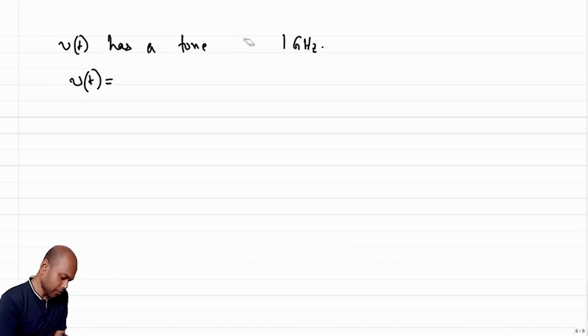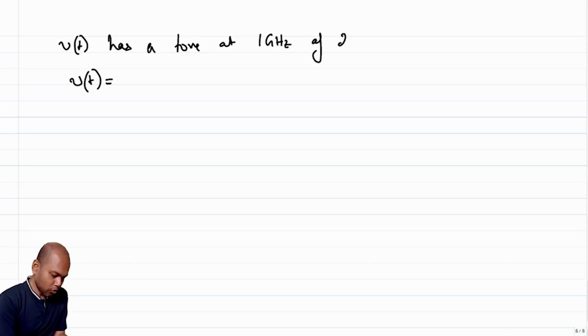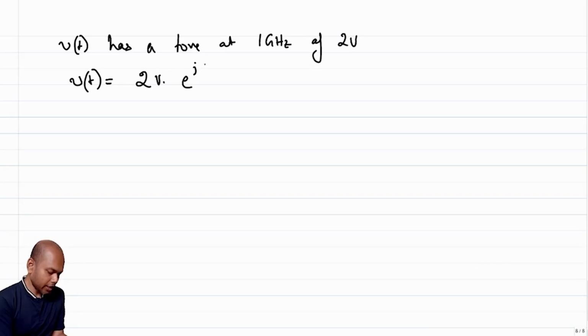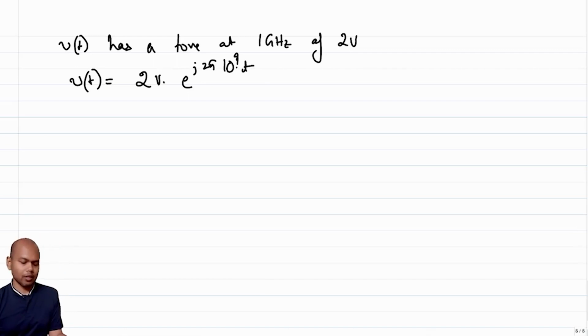I should also tell you the strength of the tone. Let's say V(t) has a tone at 1 gigahertz of 2 volts, which means V(t) is essentially 2 volt e to the power j 2 pi 1 gig, that is 10 to the power 9 times t, right?